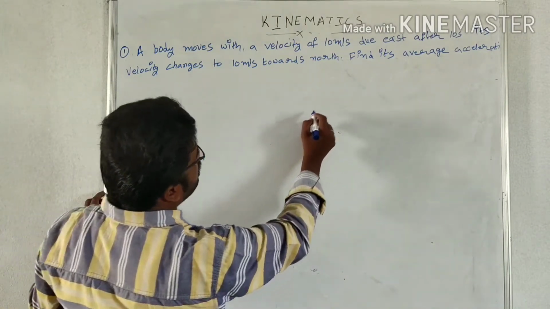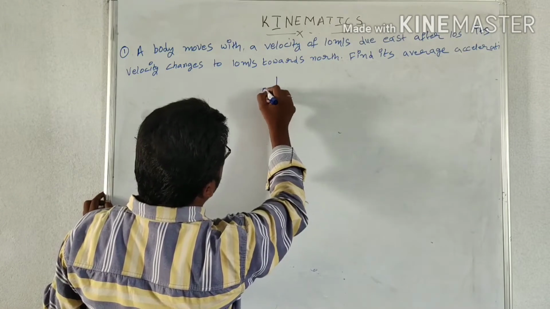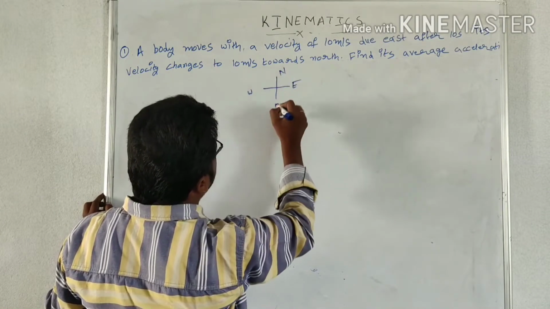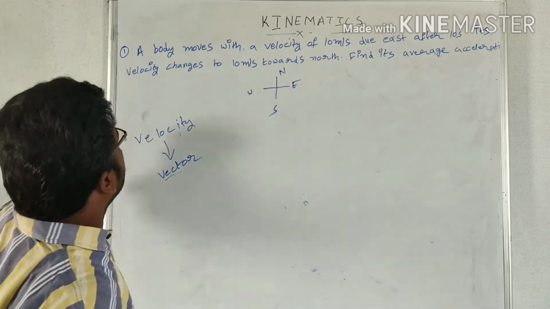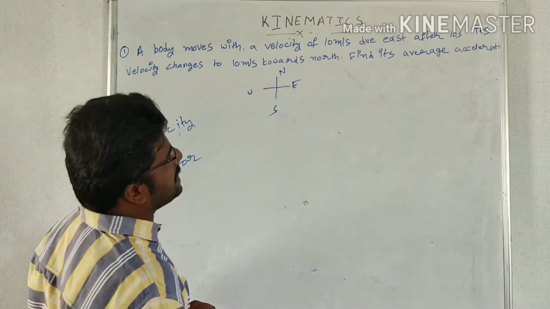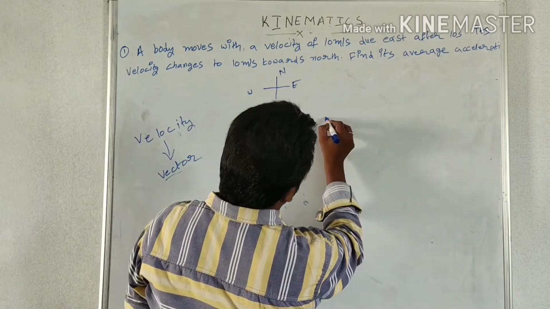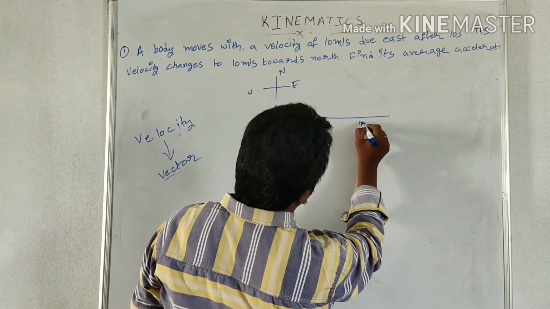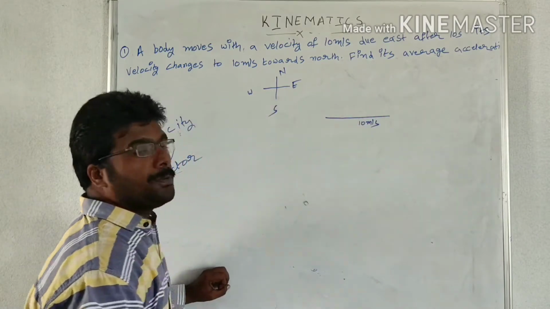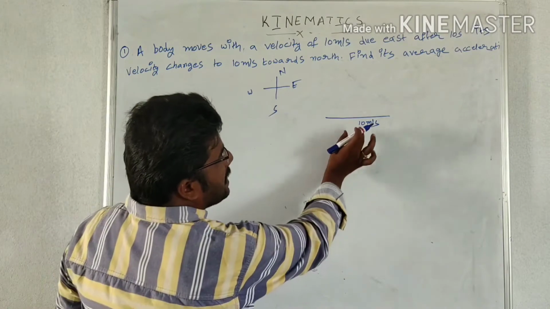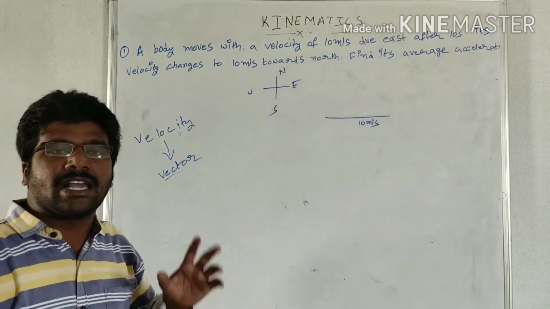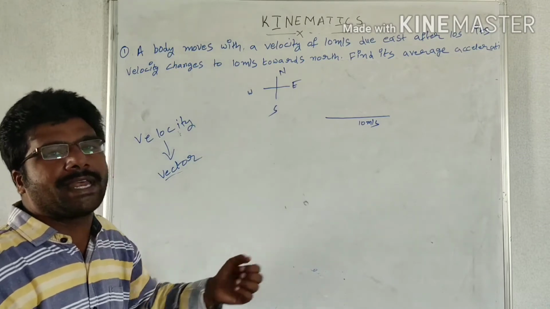First we want to draw the diagram: this is east, west, north and south. Now a body moves with a velocity of 10 meter per second due east. Here 10 gives only magnitude, but velocity is a vector, so it should have direction.